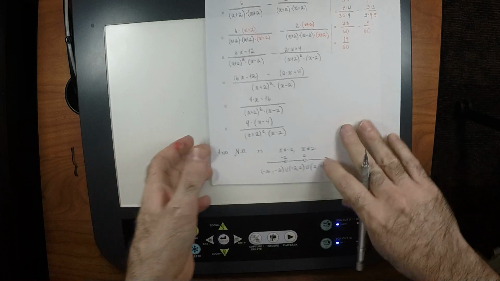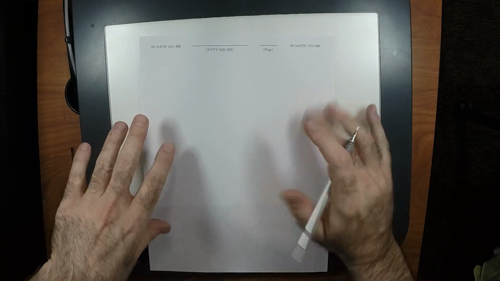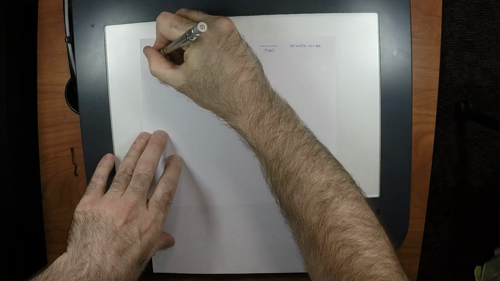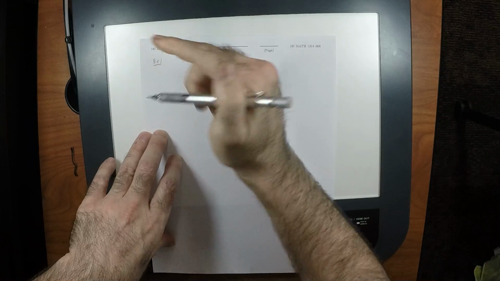Okay? Finally, this is just something I want to mention, since we're not going to have enough time to do it. If we were faced with something like this, and it was the same instructions.